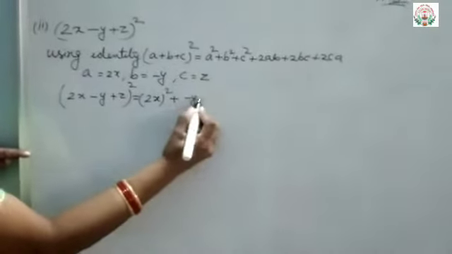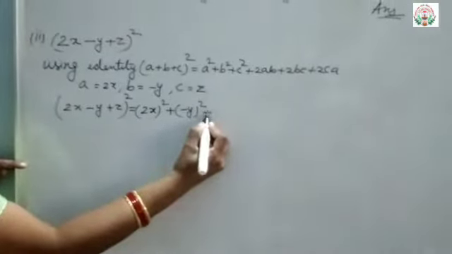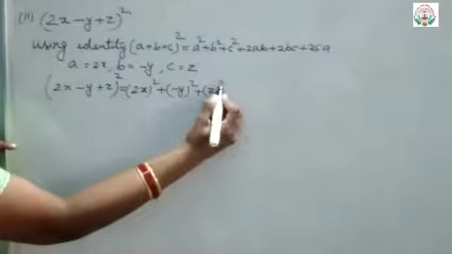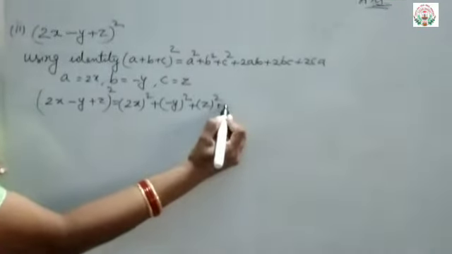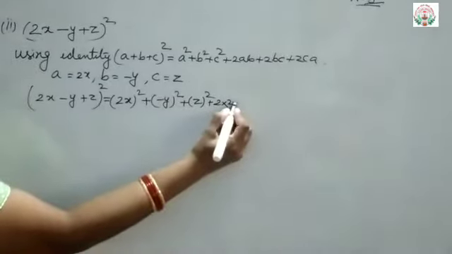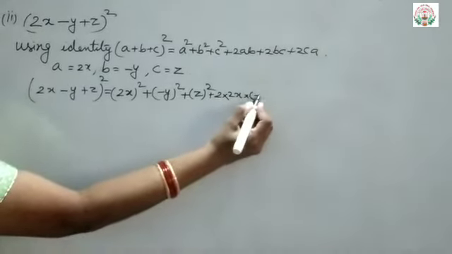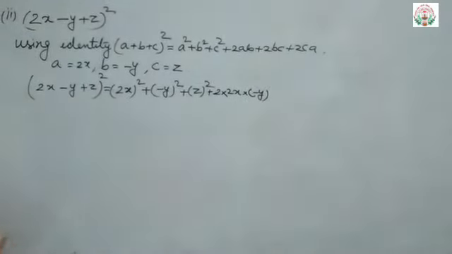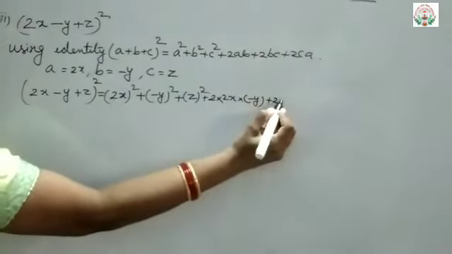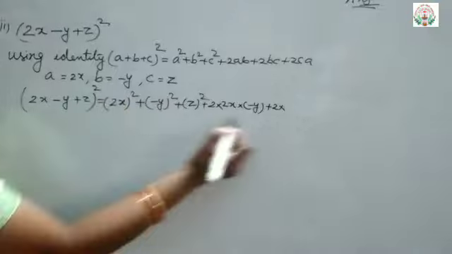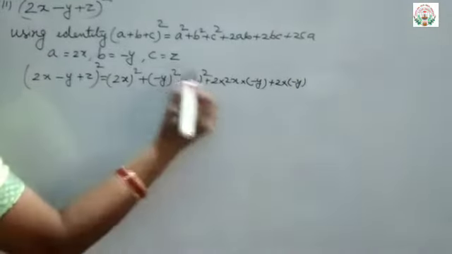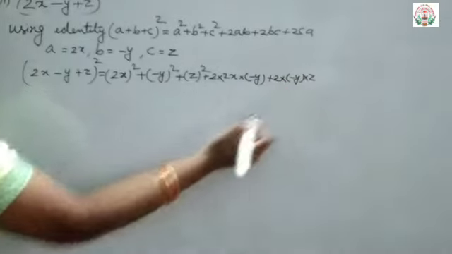Minus y, so minus y whole square plus, what is c? C is z, so z square plus 2 into, what is a? That is 2x into minus y, because b is minus y, then plus 2 into, what is b? Minus y, then c is what? Z, so into z.